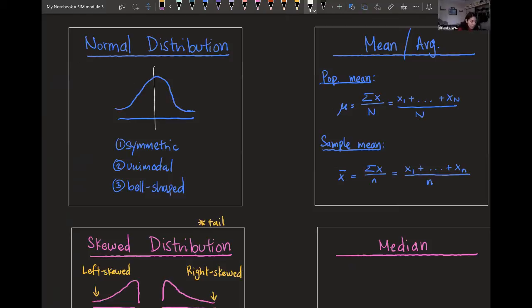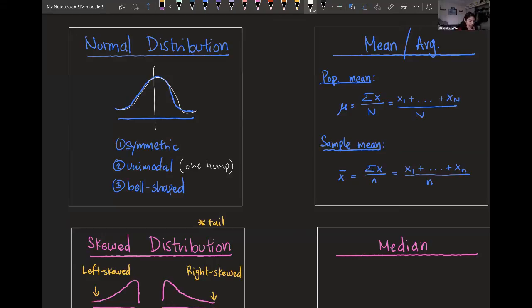It should be unimodal, so that's one hump. And it has to be bell-shaped. The shape of it does matter, so try your hardest to make it. I know it's hard, but that's a normal distribution. It has to have those three things: symmetric, unimodal, and bell-shaped.